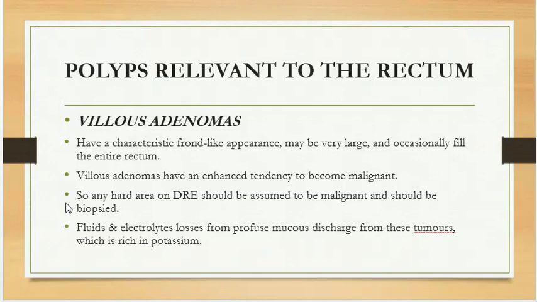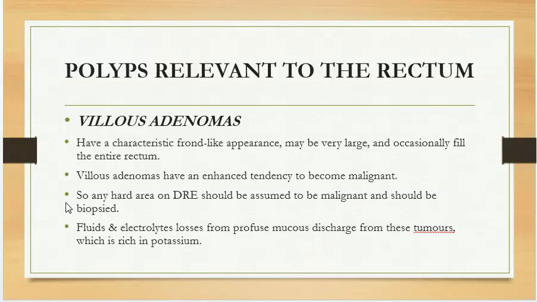If we talk about the villous adenomas, they have a characteristic frond-like appearance. They may be very large, occupying much of the circumference of the rectum. These tumors have an increased tendency to become malignant as compared to the tubular or tubulovillous. Villous adenomas are more prone to become malignant.